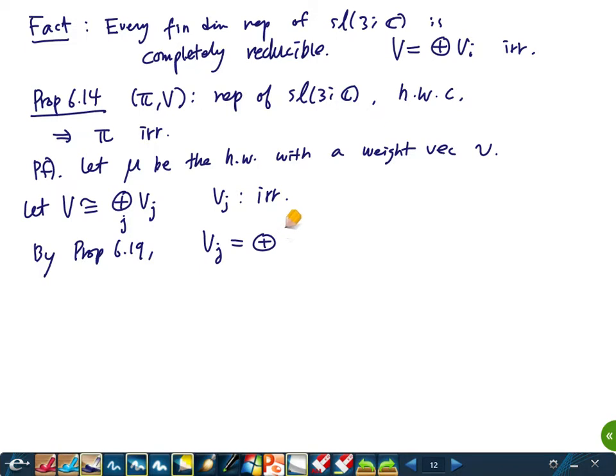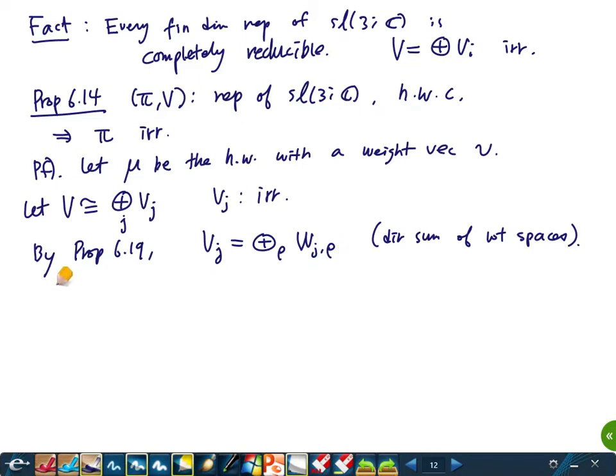So let's say rho. Let's write this way. So the notation is a little strange, but it's a direct sum of weight spaces. We proved this for irreducibles. So this is the weight space with weight rho.